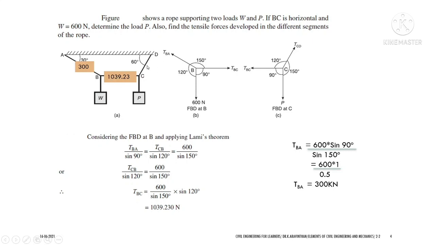Okay, let us take the next joint, that is C. How many forces are there? If you are considering point C, it's a force which is acting downward, and that is P, and from C to B, that is TBC, force is acting, and TCD, from C to D, is here. Okay, so how to find these angles? So you have a 60-degree here, and if you draw a horizontal line, what will happen?